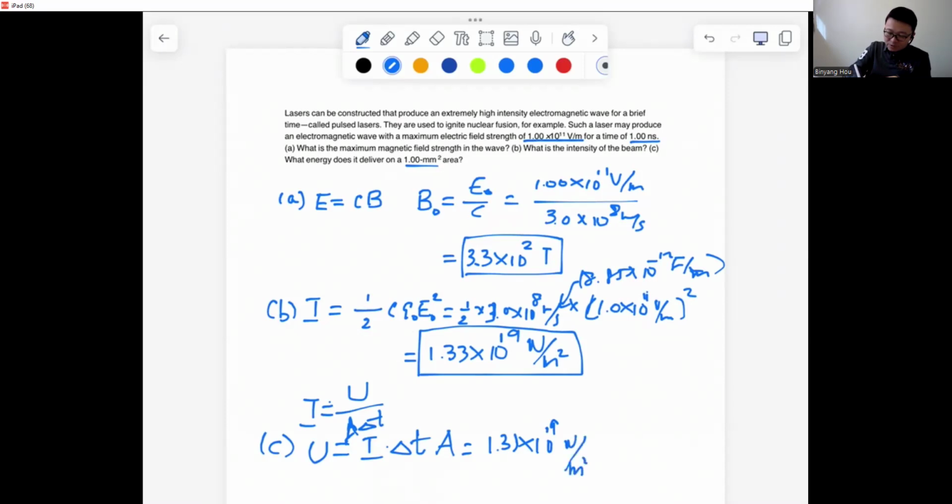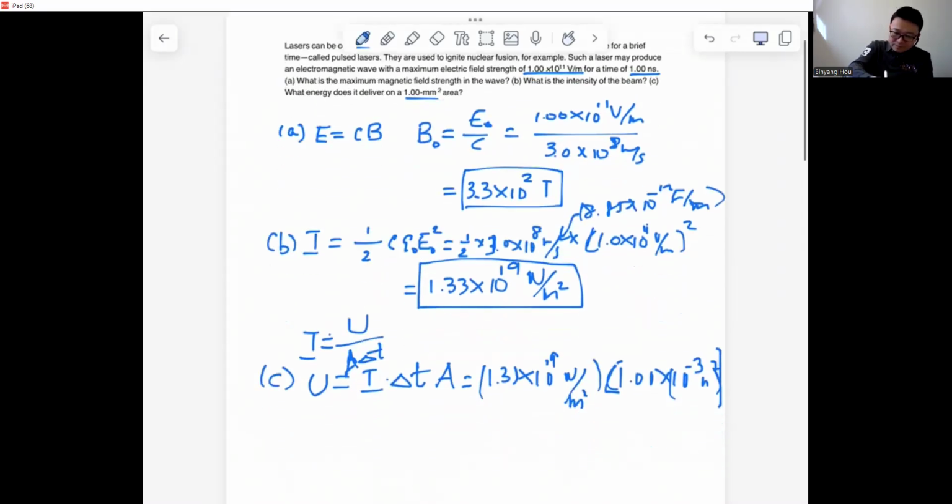Watts per meter squared. And for area, we can do area first and then delta T, or either way, it doesn't matter. The area is 1.00 millimeter squared, so that means 10 to the minus 3 meters, which should be squared, because the millimeter is squared. And then times the time.